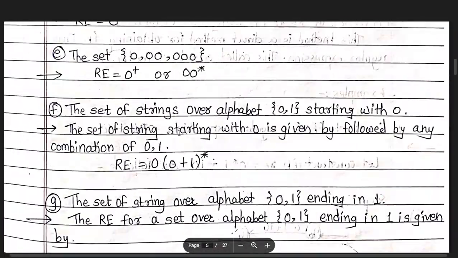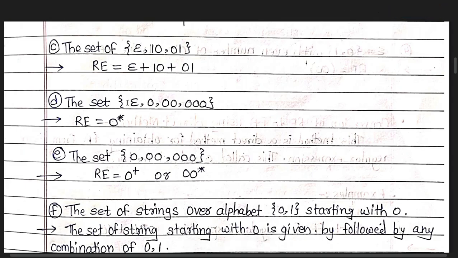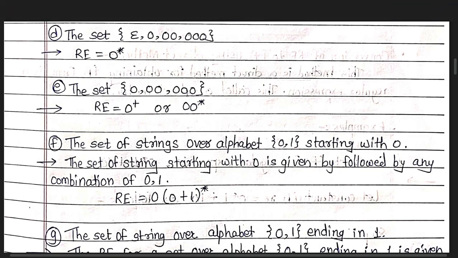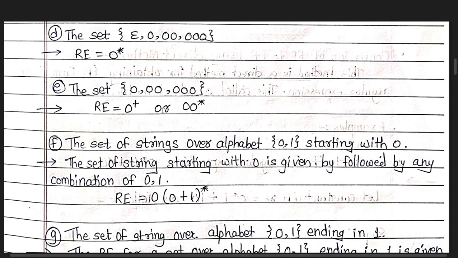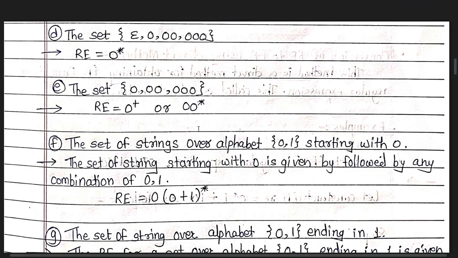So the regular expression is 0 star. Now the set 0, 00, 000. How will we write this? The regular expression is 0 plus, or we can write it as 00 star. Not 0 star, it's 00 star.